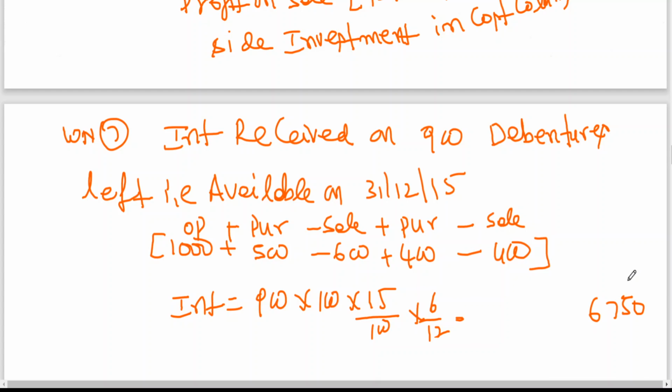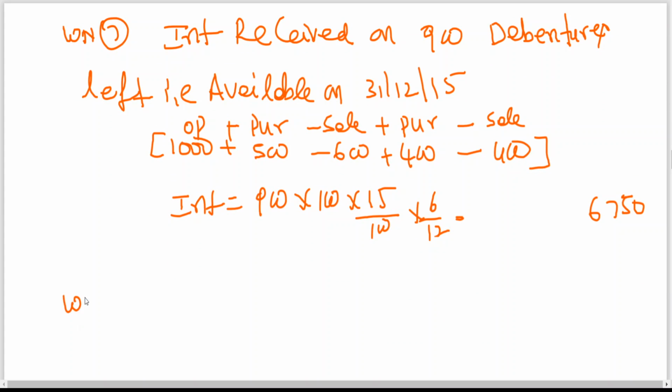Now, last one, working notes number 8. I told you already, since it is FIFO method and market value is not given, closing balance can be taken as carrying amount. But you're closing your books on 31st March 2016. So again 3 months interest is accrued.